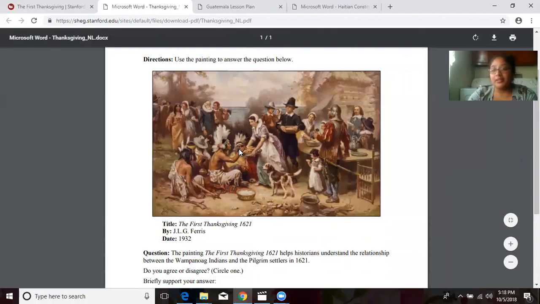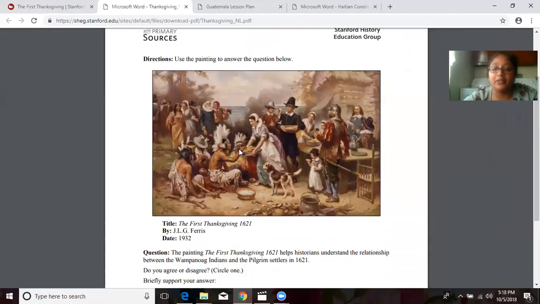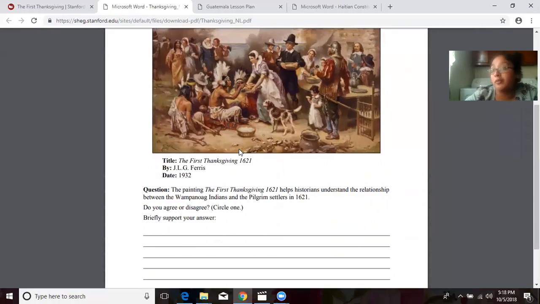So this is asking students to use their historical thinking skills and think about whether this picture really represents what happened at the first Thanksgiving. Why or why not? Do you agree with the depiction of the painter?